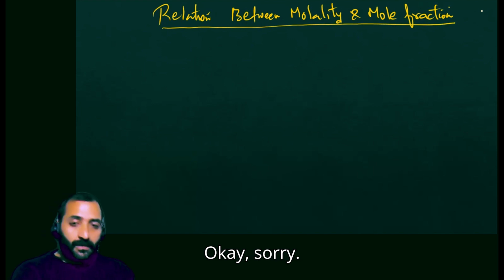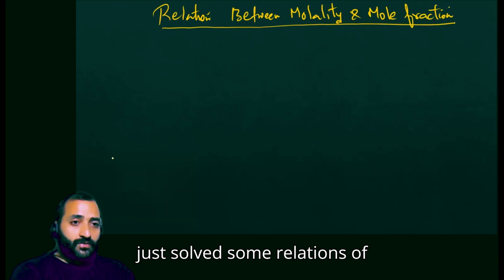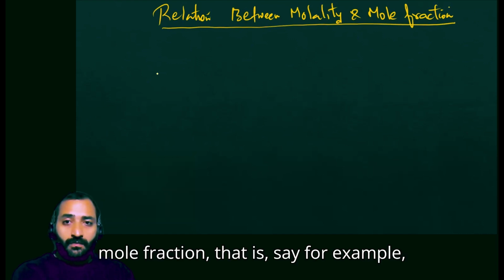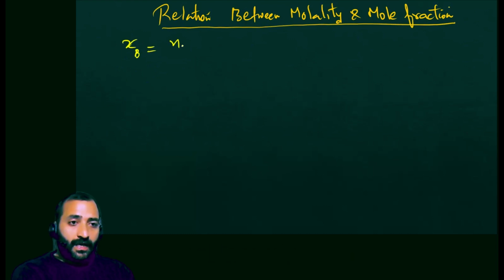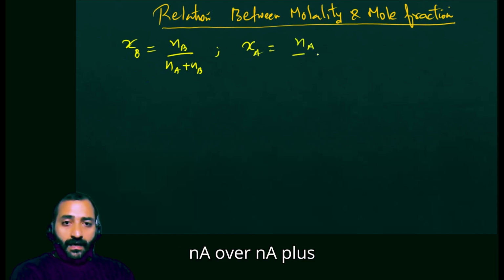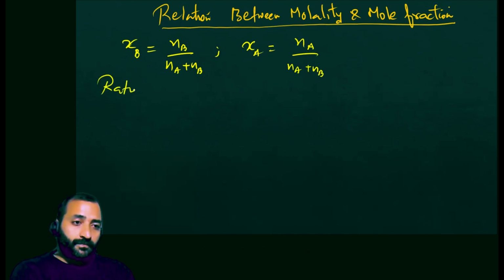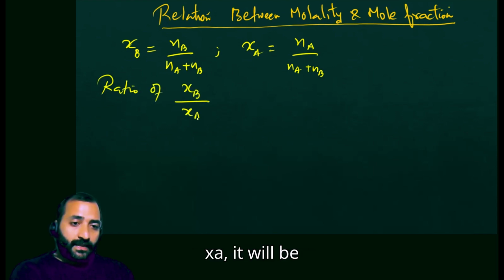Okay. Now let's understand that we just solved some relations of mole fraction. That is, say for example, xb is equal to nb by na plus nb, and similarly xa will be na over na plus nb. Now take the ratio of xb over xa.